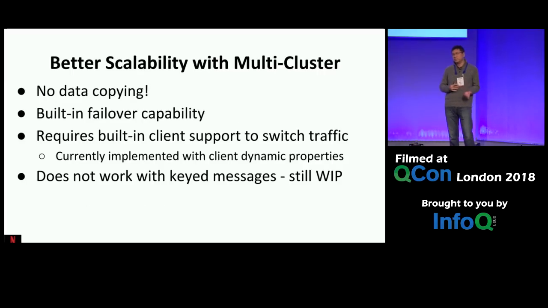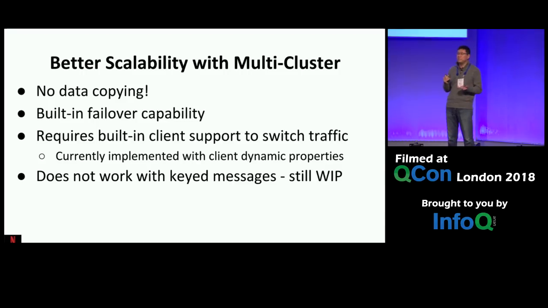I would like to pause here a little bit and sum up how multi-cluster can help us achieve better scalability. First and most importantly, there's no data copying in that scale process. That means we can scale up fast, typically just within minutes. And with multiple clusters, you can easily do failover by switching client traffic.